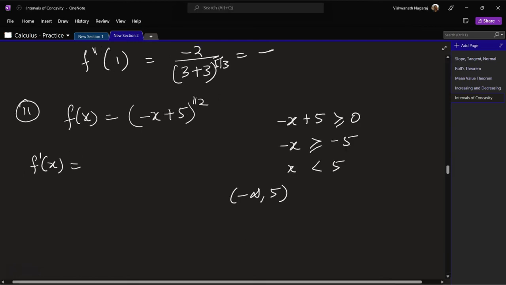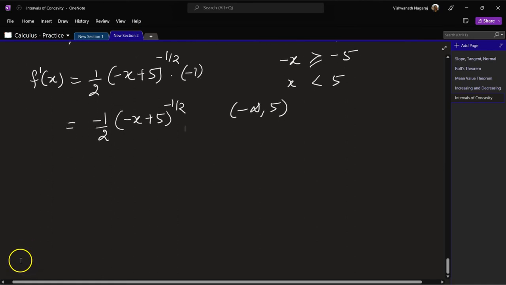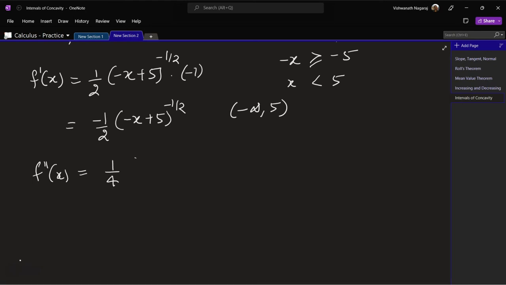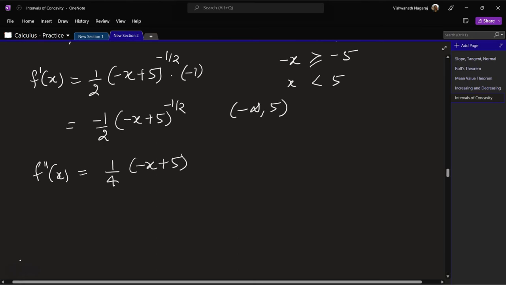f prime of x is going to be 1 by 2 times minus x plus 5. Half minus 1 is minus half, times minus 1, which gives us minus 1 by 2 times minus x plus 5 to the power of minus half. Okay, f double prime of x is going to be minus times minus is plus, 1 by 2 times 1 by 2 is 1 by 4, minus x plus 5 to the power of minus half minus 1.